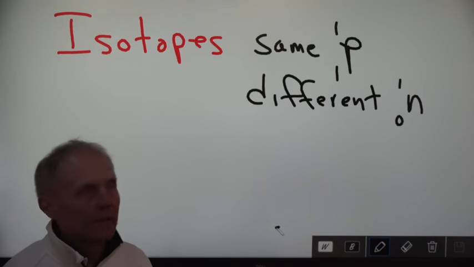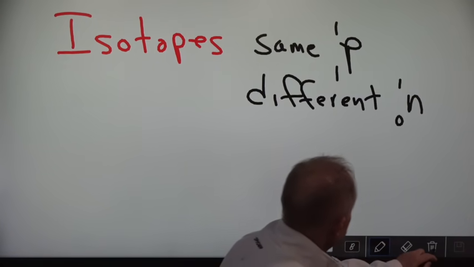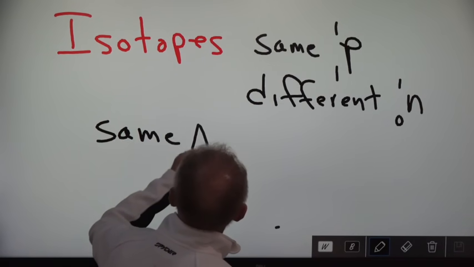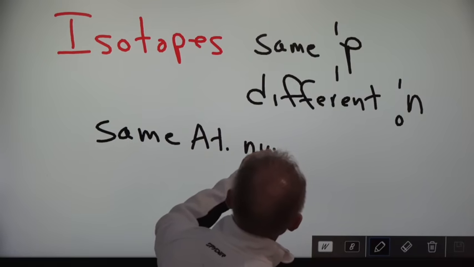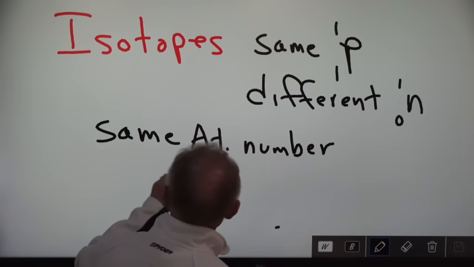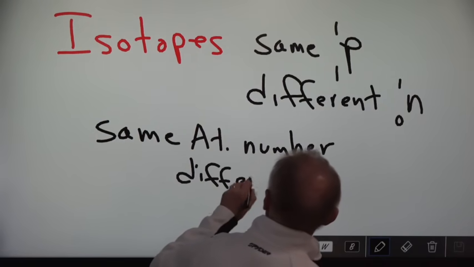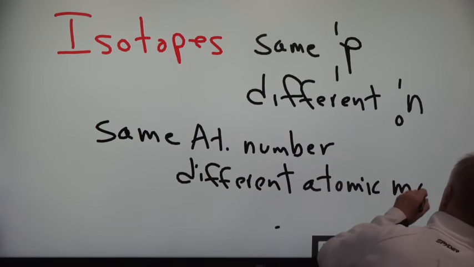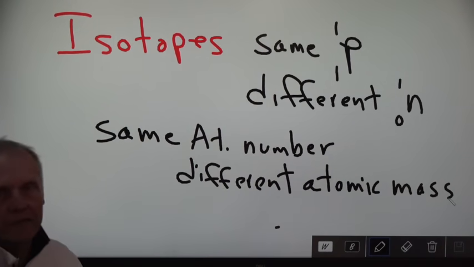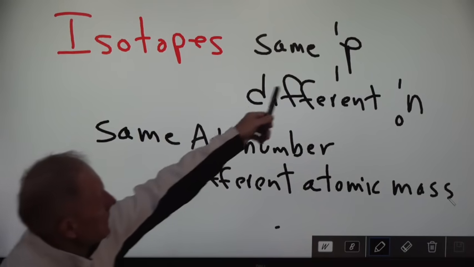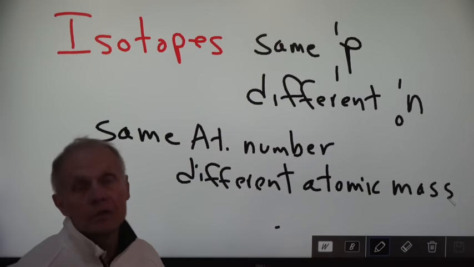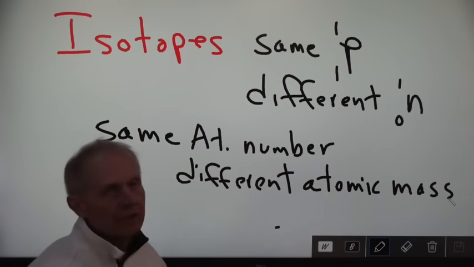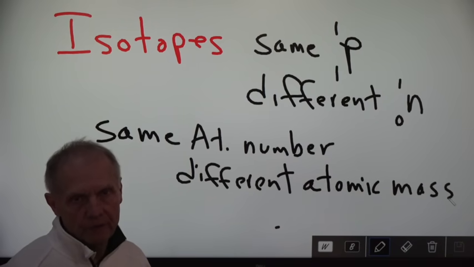So you have 2 definitions of isotope: the same number of protons, different number of neutrons, or the same atomic number in the lower left, but a different atomic mass.